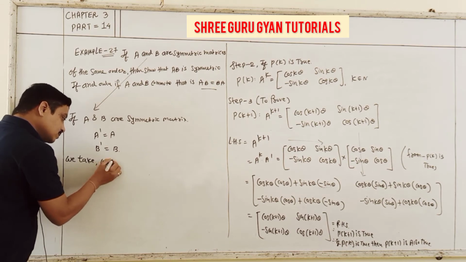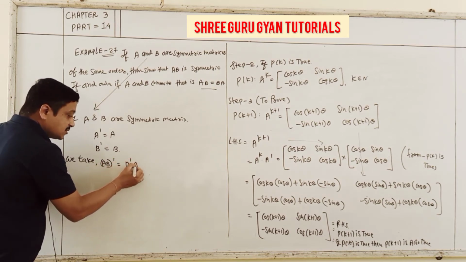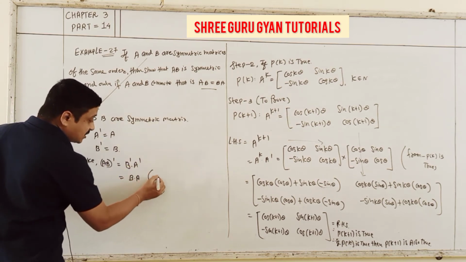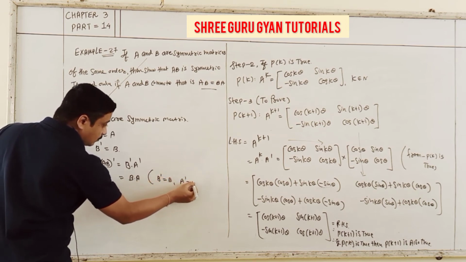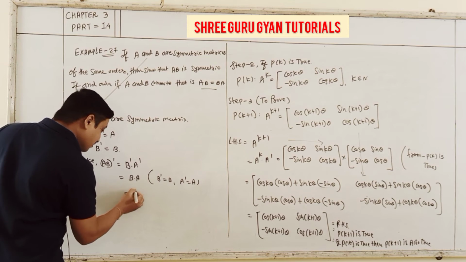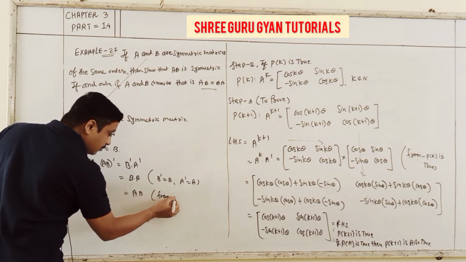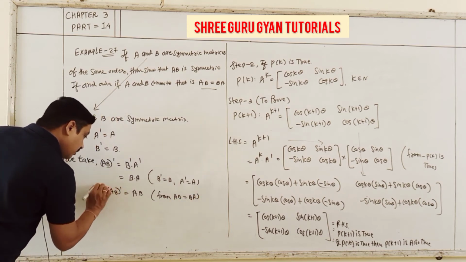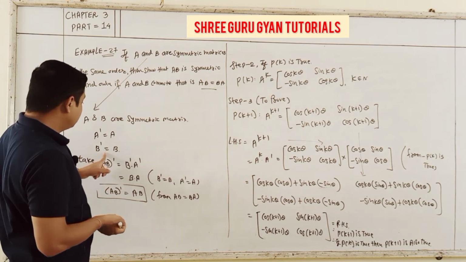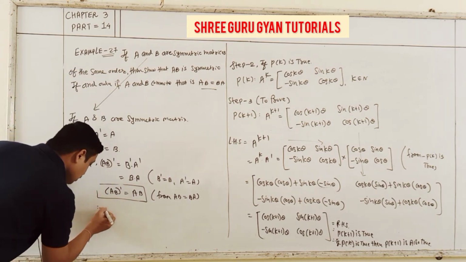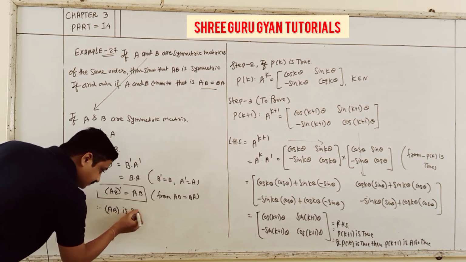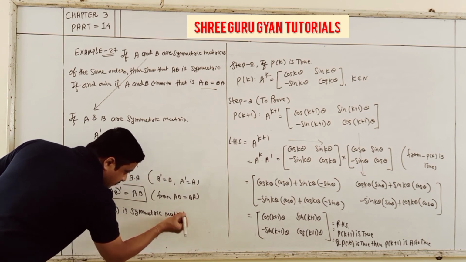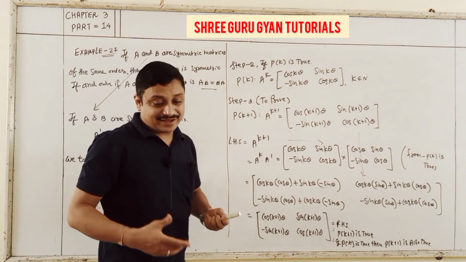AB the transpose, formula known, B transpose A transpose, but B transpose is also known, it is B, and A transpose is A, because write down B transpose is B, and now BA is equal to AB, given from AB is equal to BA. Finally you will cover AB transpose is equal to AB. So what you tell? So AB is a symmetric matrix, and that's the cover, your simple way, your answers.